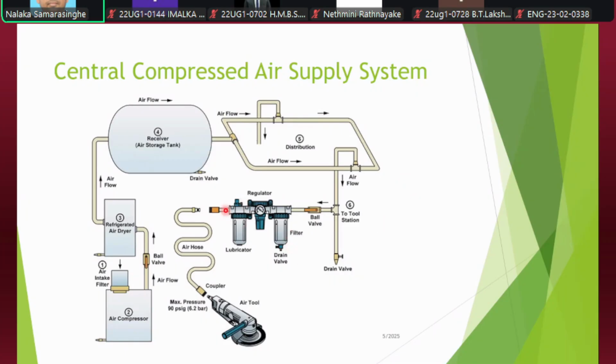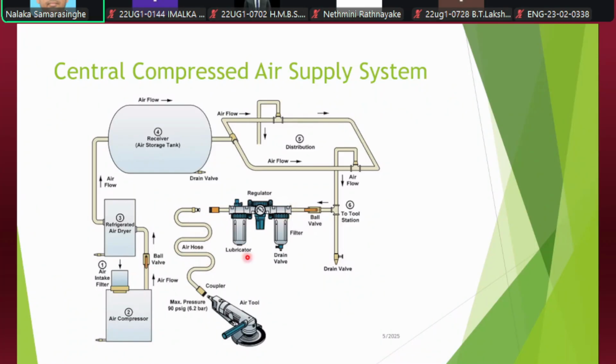At the machine level, when you want to use compressed air, there is usually a ball valve and a quick coupling. A quick coupling is used to easily fix, engage and disengage the compressed air piping.